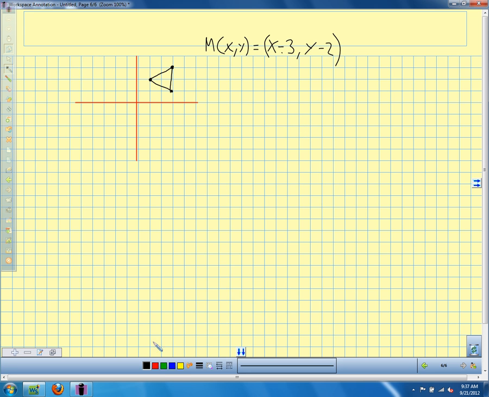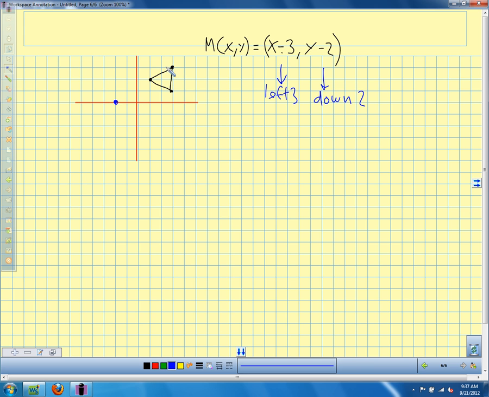So first off, what does this transformation tell me to do? What am I doing to the x? Left 3. And y, we're subtracting 2, so we go down 2. So now I'm just going to take each vertex, and I'm going to go left 3, 1, 2, 3, down 1, 2.